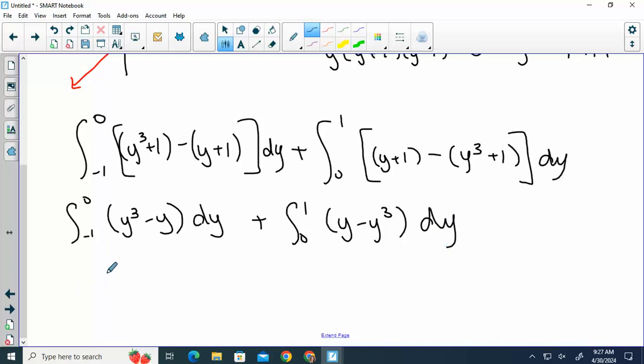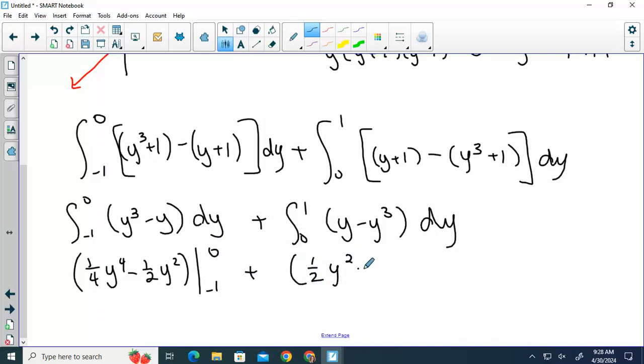So antiderivative of y cubed would be 1/4 y to the 4th. Antiderivative of y would be 1/2 y squared. We made 1 to 0. Same thing over here, they're just flipped.